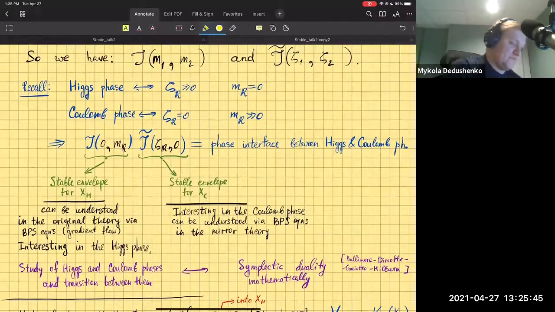So one can indeed think of it from this point of view. This thing that you called the duality interface is just the phase transition interface, so to speak.